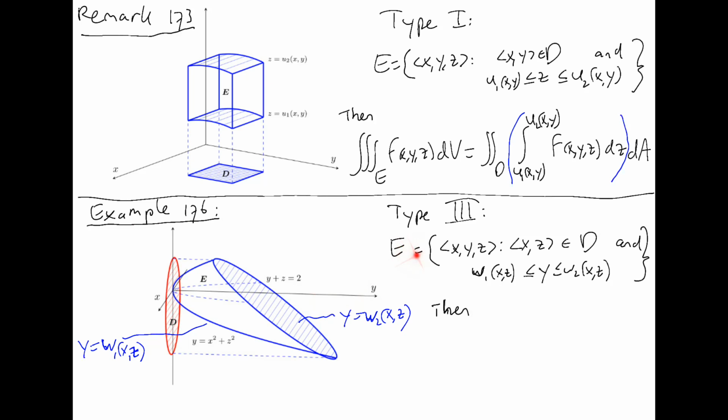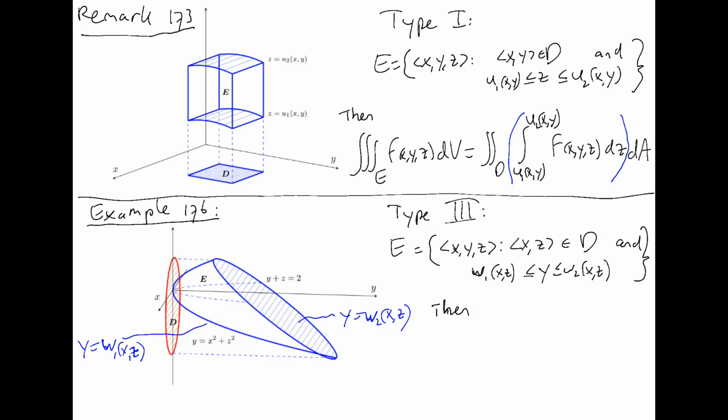So E can be described as those x, y, z's, such that xz is in D. D is now a region in the xz plane. And the y-coordinate is between my two surfaces W1 and W2. Yeah, so this is how you could describe a region as a type 3 region.